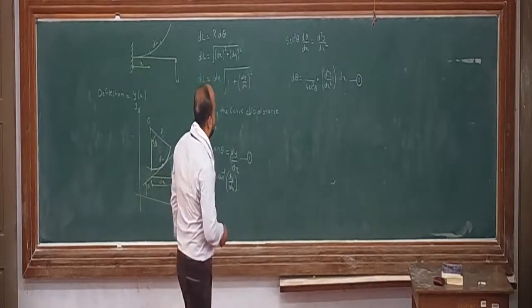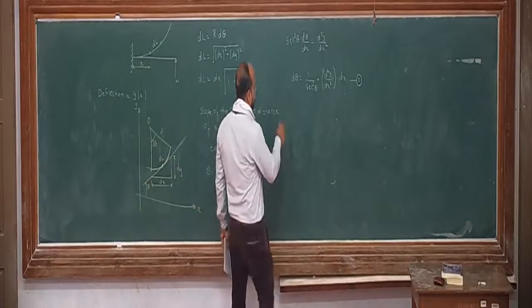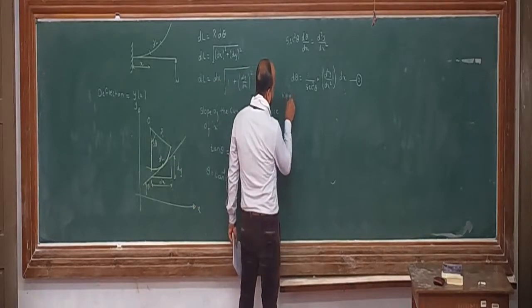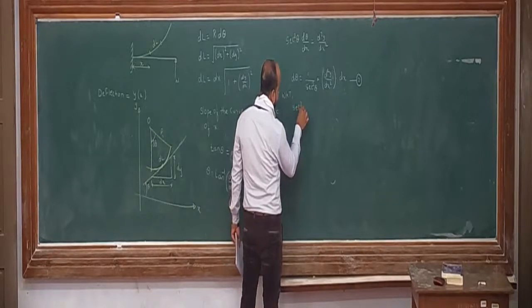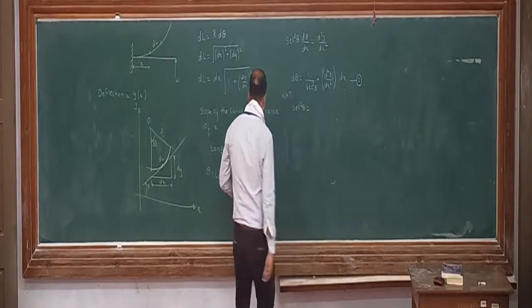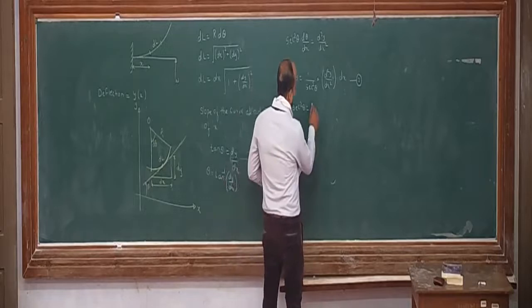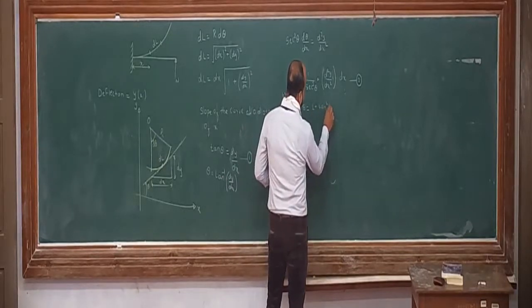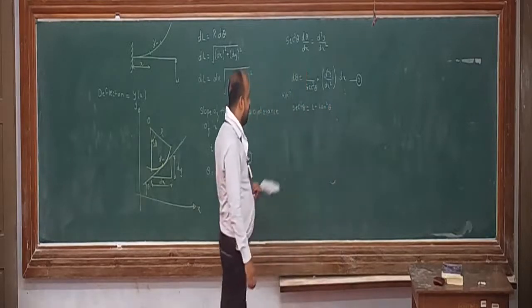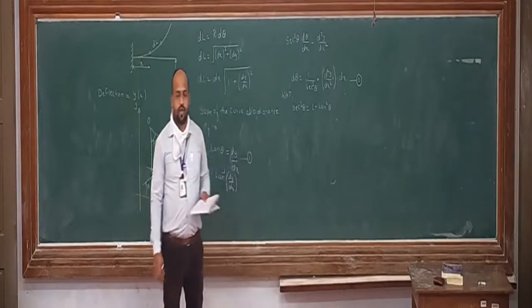Next, what do we know? We know from trigonometric functions that sec square theta is equal to 1 plus tan square theta, because this is one trigonometric relationship that is already known to us.